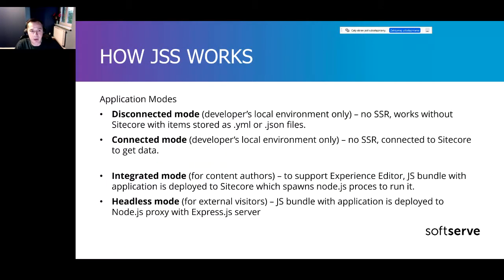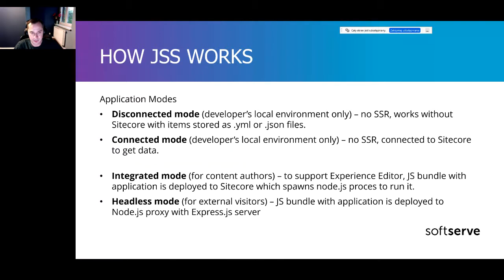And how does JSS actually work? You can execute JSS in two modes. Actually, in four modes, but two are for development, for the developer's local environment. So one is the disconnected mode.